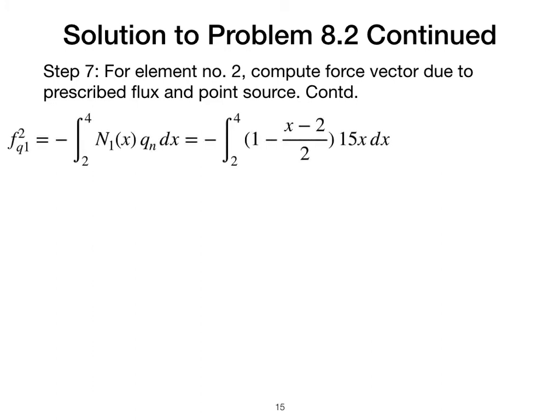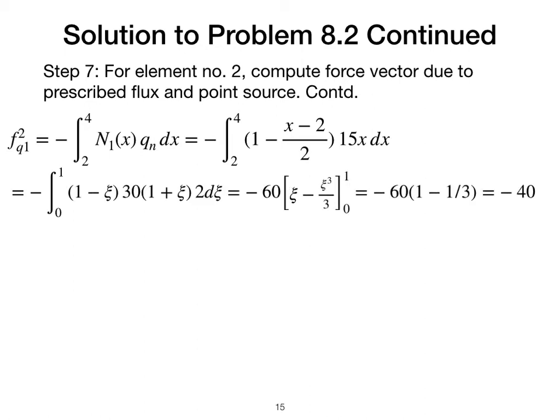Now F2q1 is equal to minus the integral of n1 times qn integrated from x equal to 2 to x equal to 4, where n1 equal to 1 minus (x minus 2) over 2 and qn equal to 15x.